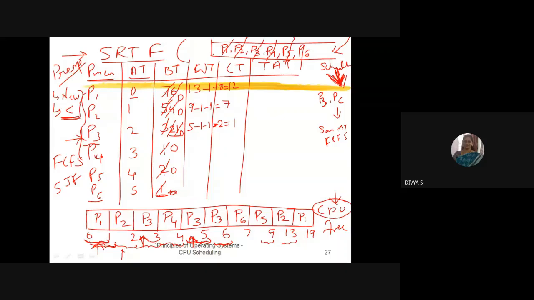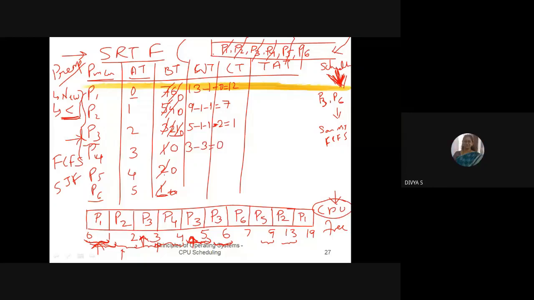Okay. Next, P4 process. How many times does P4 occur? Only once. And what is its waiting time? This. 3. As this process hasn't occurred twice or more, we simply take the only occurred waiting time and deduct the arrival time. 3 minus 3 is equal to 0.